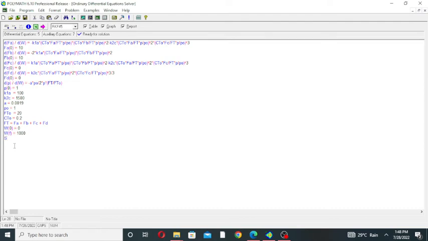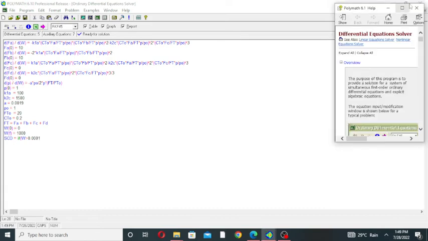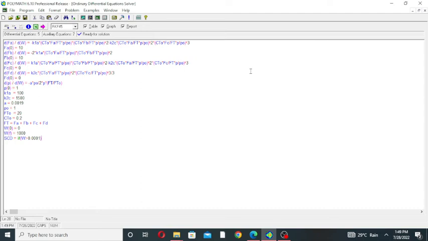We can write SCD, the selectivity of component C with respect to component D, is equal to: if W is greater than 0.0001, then give us FC divided by FD, else give us 0.